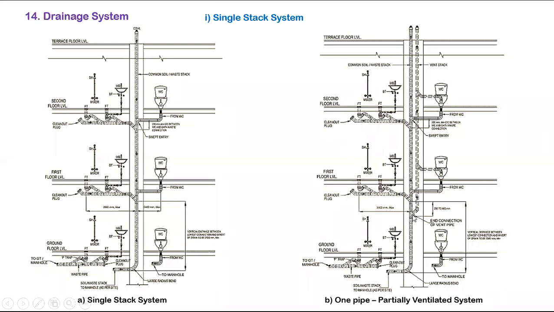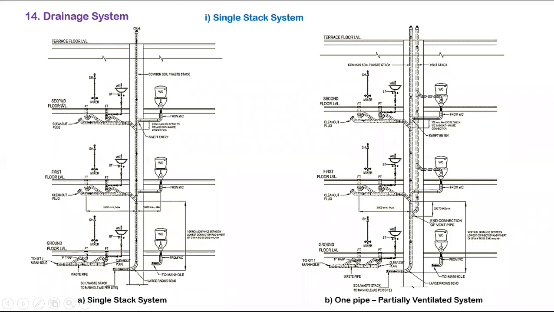From the EWC also, they will take one pipe for venting purpose, some 50 mm diameter, and it is connected into one vertical vent stack. In addition to the main vent stack, we will provide one separate vent stack for providing more venting for the system. This option also will be there.